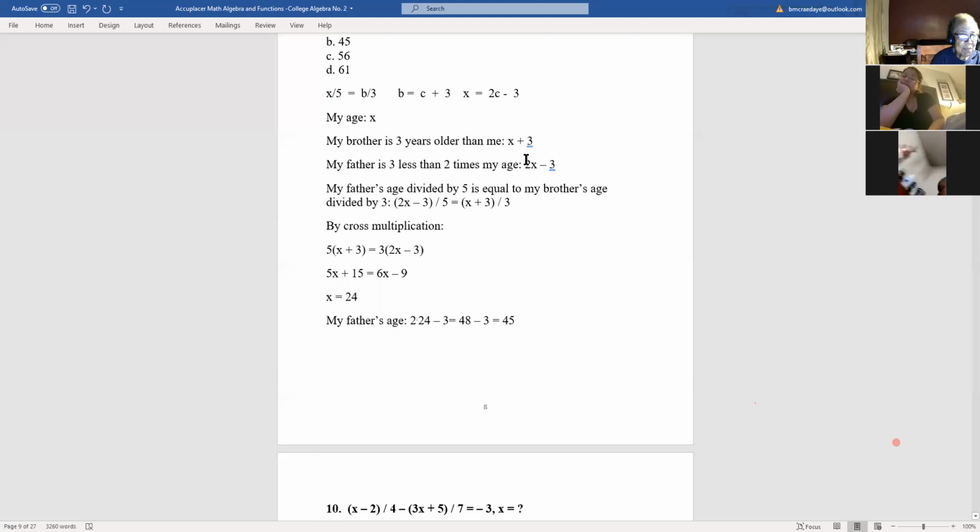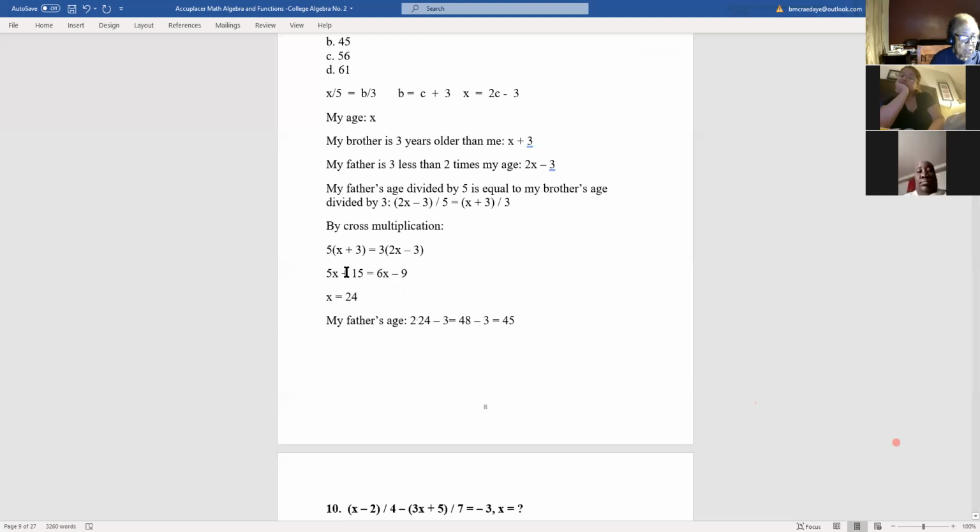So that's your father's age, and that's your brother's age. The father's age is 45, because when you put the 2x minus 3 for your father divided by 5, and your brother divided by 3, you set those equal and cross multiply, and you get 5x plus 15 equals 6x minus 9.